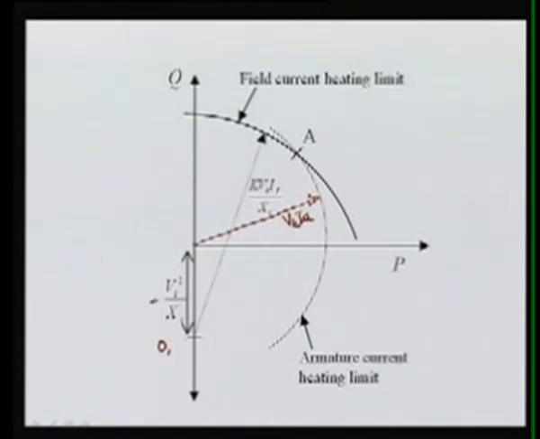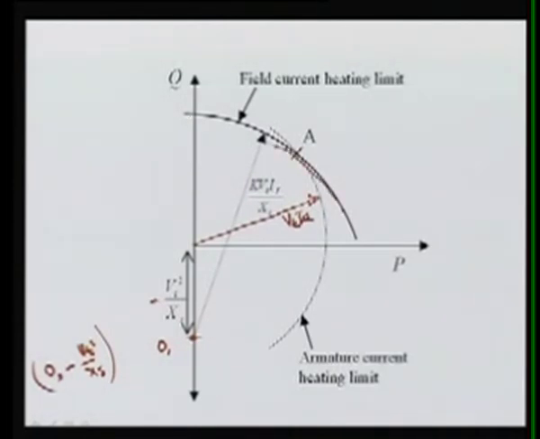P is 0 at this point, but for Q the origin of this circle starts here, that is 0, minus Vt squared upon x. And the radius, as I explained, is K Vt If upon xs, and if we draw, this is a circle.